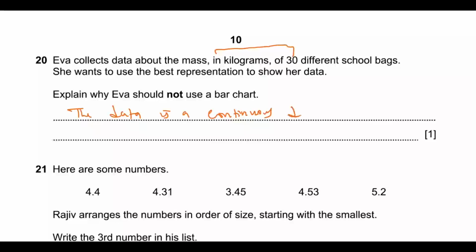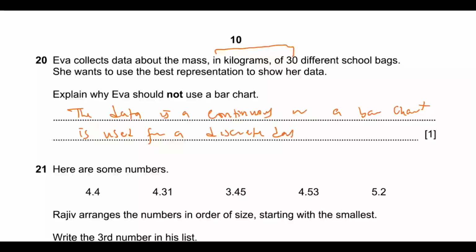Okay, data is continuous. Okay, or I can say that a bar chart is used for a discrete data.